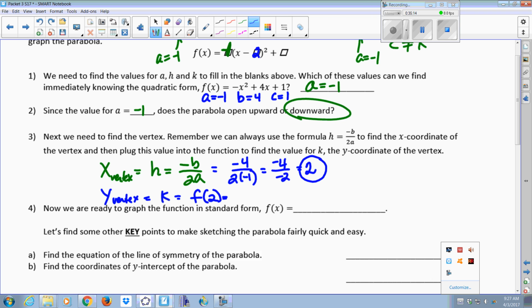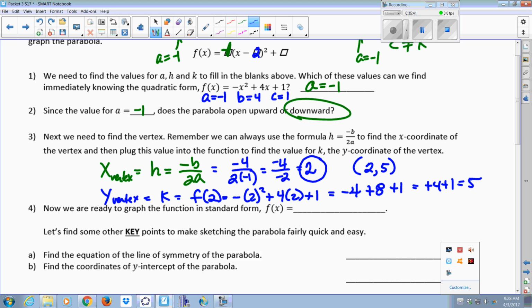So everywhere you see an X in this original formula, negative 2 squared plus 4 times 2 plus 1. So that's the opposite of 2 squared is negative 4 plus 8 plus 1, which is positive 4 plus 1, which is 5. So now I know my vertex is 2, 5.